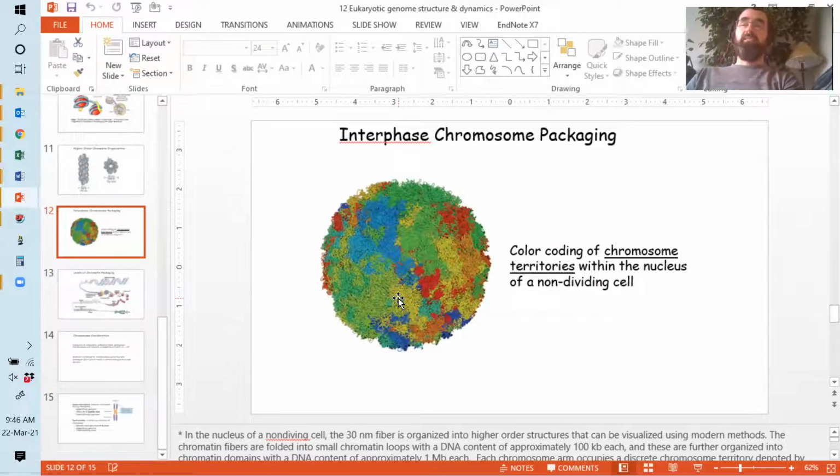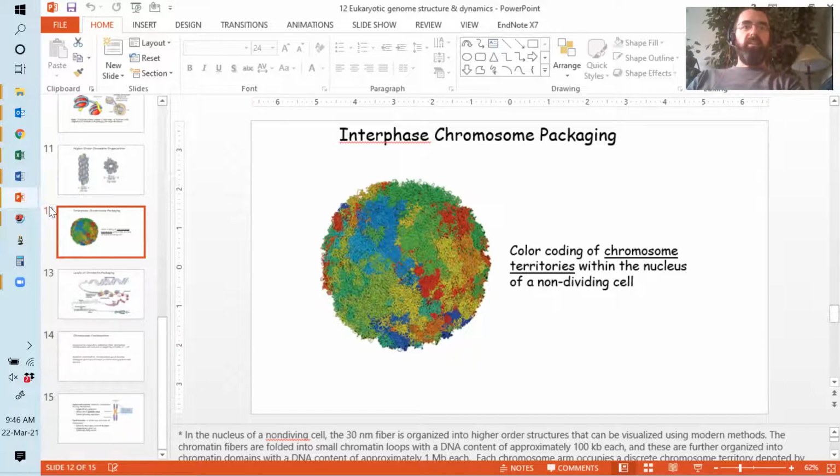The kinds of things that we can do as scientists just continually amazes me. It really does. And you can actually look at how this changes in a living cell, right? Even, if you can get a thin enough organism, in an actual living organism as well, not just tissue culture, which is just, I just think it's amazing.